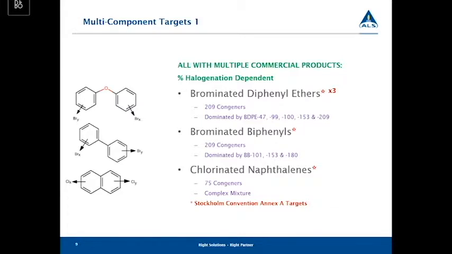Differences here on the sort of patterns that you see on chlorination or bromination. The chlorinated naphthalenes, a pretty broad suite of 75 possible structures. The other two, 209. Unlike PCBs, which have 209 conjugate possibilities, the upper two really are quite selective in the domination of certain structures.